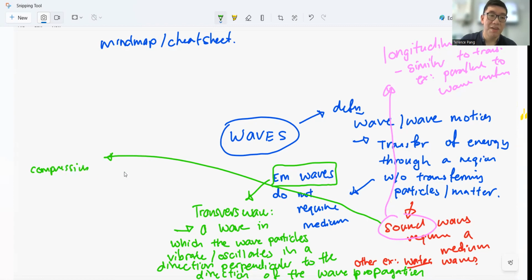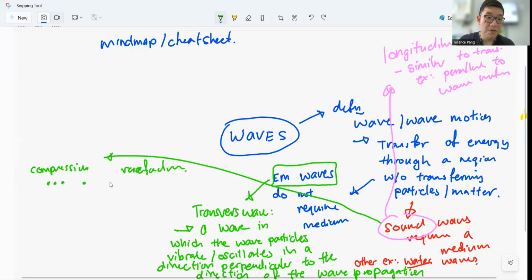So what is compression and what is rarefaction? Like the particles move together. So the region in which the particles are compressed with each other.